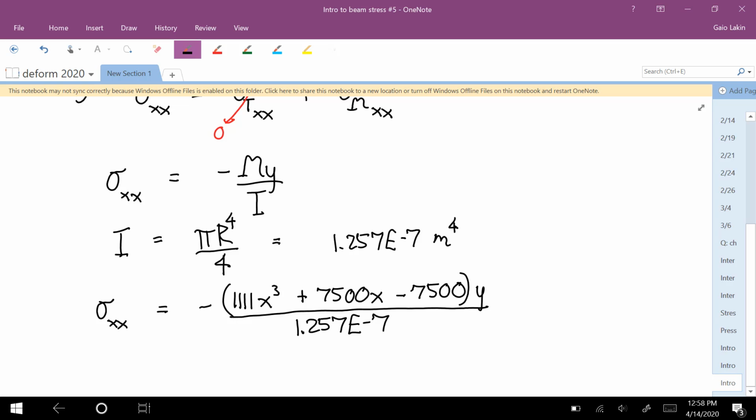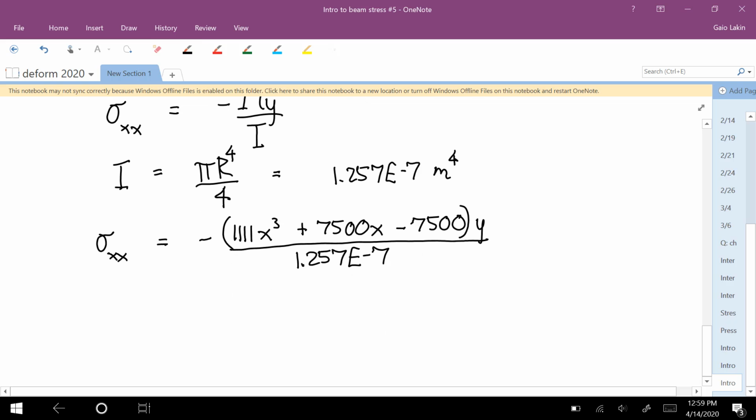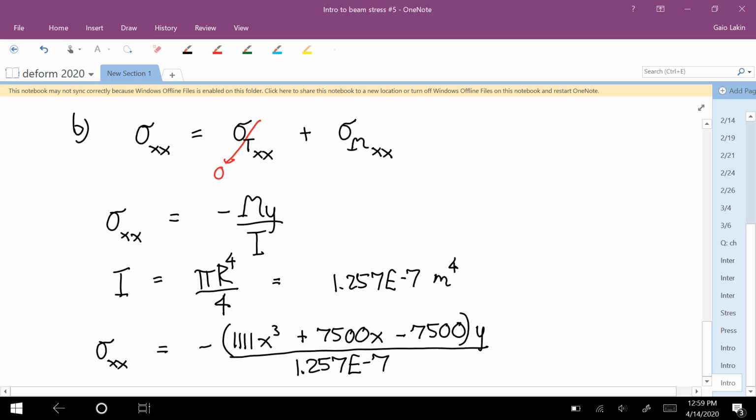So now we have to figure out where this value is going to be maximum in absolute value. So we want to find the maximum absolute value of that bending moment, m, and the maximum absolute value of y.